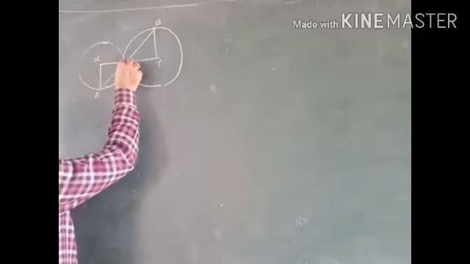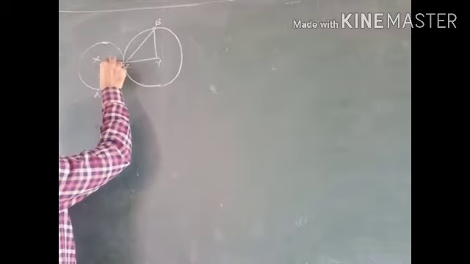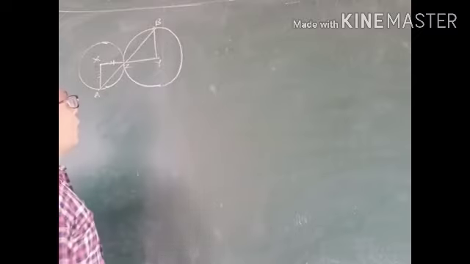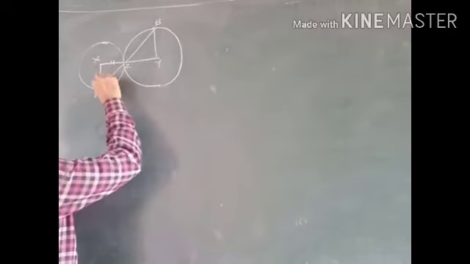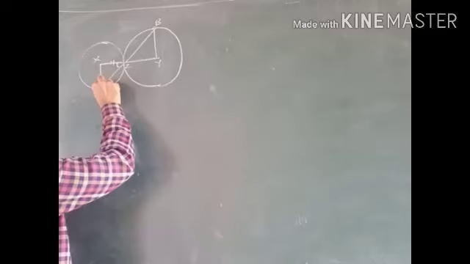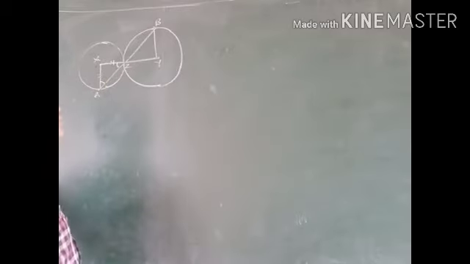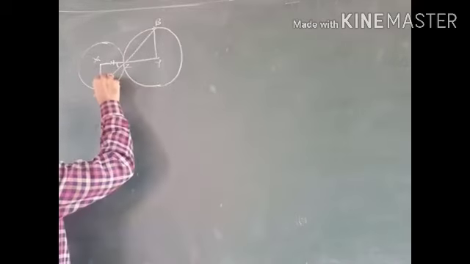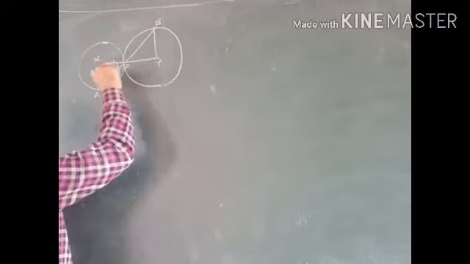See, in the circle with center X, XA and XZ are radii of the same circle, therefore they are congruent. If these two sides are congruent, the opposite angles of these two sides are also congruent. That means these two angles are also congruent. Let each angle be a degrees.